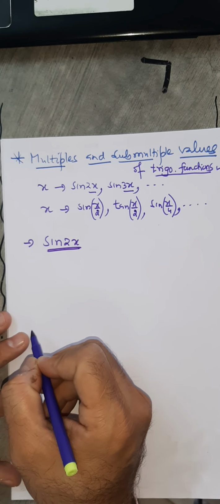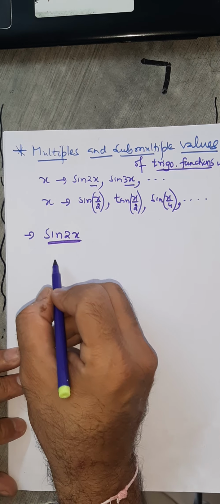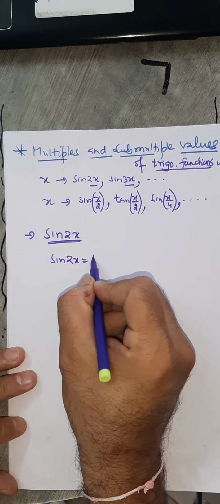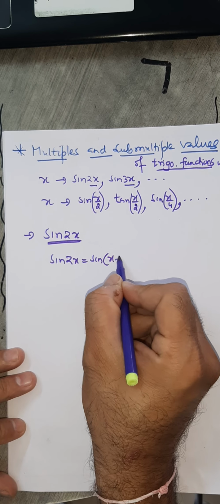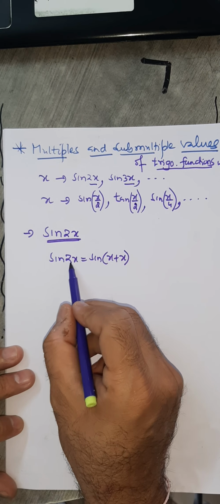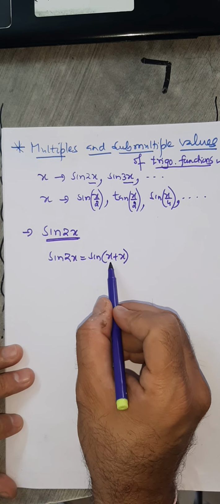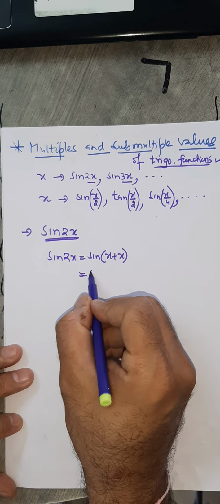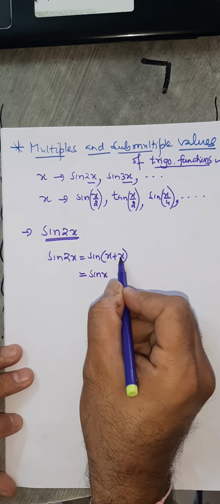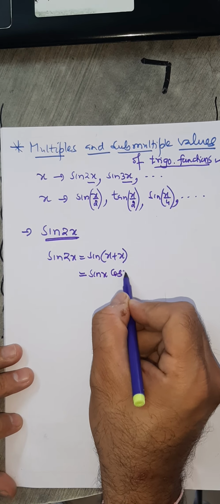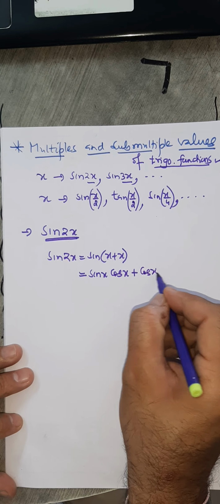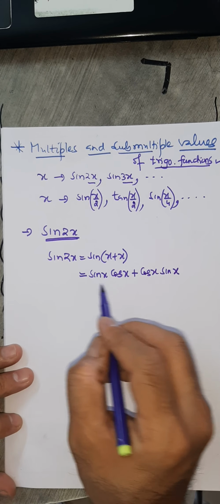Sine 2x you can write as sine of x plus x. Now this is like x, this is like y, so I'm using the addition formula: sine x cos y, y is also x, plus cos x into sine y, y is also x here.